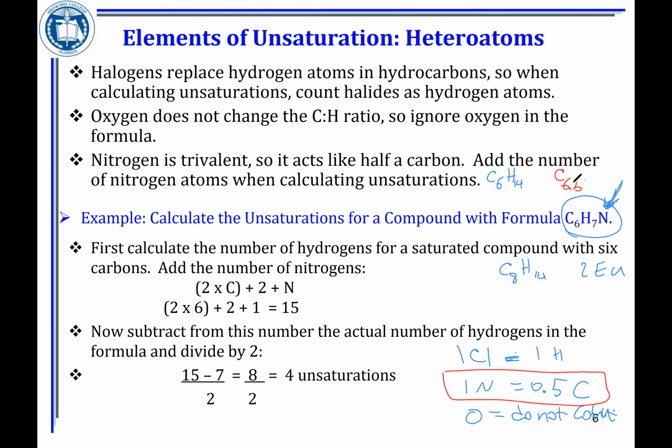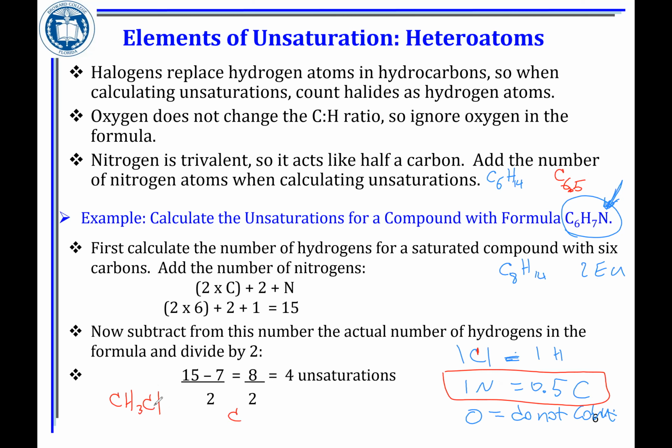But wait, why does it count as 0.5 carbon? Nitrogen is not tetravalent. Nitrogen is trivalent, so nitrogen is satisfied with three bonds. And the number of hydrogen needed to saturate nitrogen is like half the carbon. By convention, if you have CH3Cl, that is saturated, right?